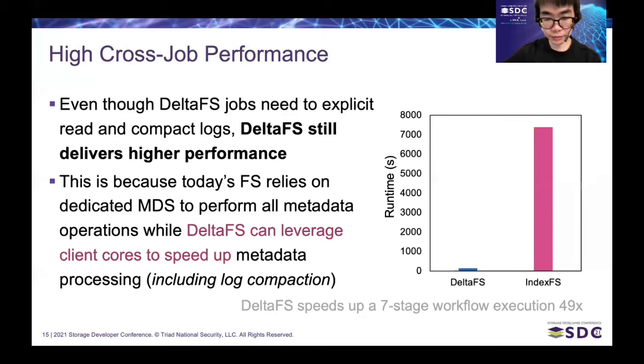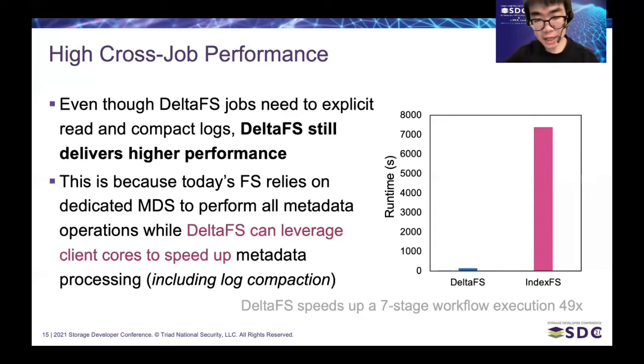Each stage creates its own files while requiring seeing the files created by the previous workflow stage. The experiment shows that DeltaFS is able to speed up performance by reducing workflow execution time by 49 times.